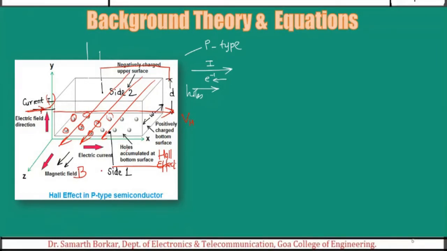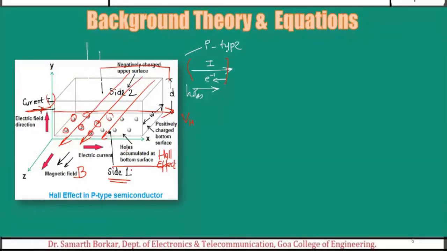Second case, if I consider a bar of N type, and again the same conditions, the current is flowing from left to right, and electrons are moving from right to left, from this basic understanding. Due to this electromagnetic force, these electrons will accumulate towards the bottom side, that is side 1, making it negatively charged with respect to side 2.